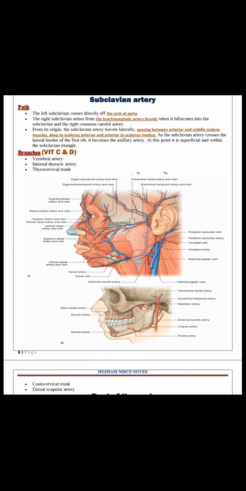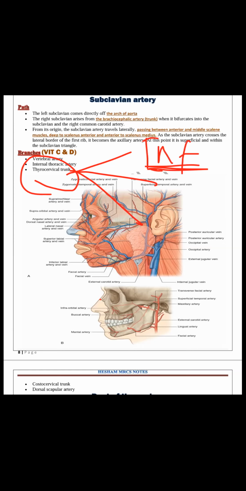Then you have the thyrocervical trunk. This thyrocervical trunk gives you 3 important branches. The first branch is the inferior thyroid artery. If you remember, the superior thyroid is a branch from the external carotid, while the inferior thyroid is a branch from the thyrocervical trunk, which comes from the subclavian artery.